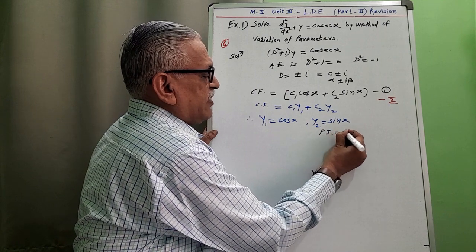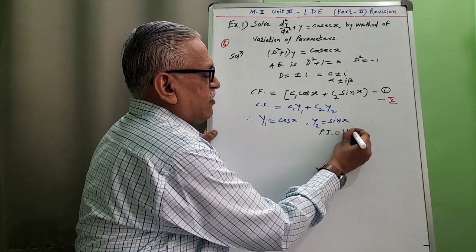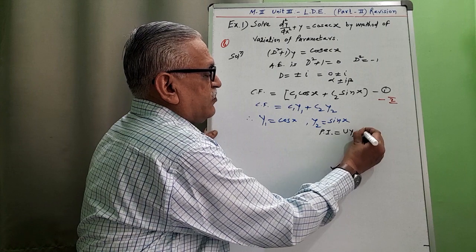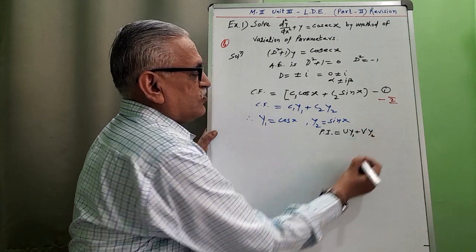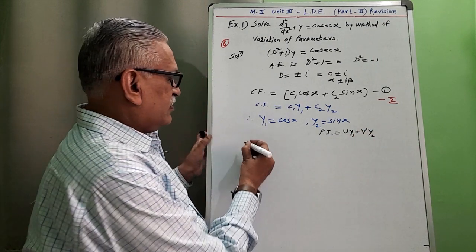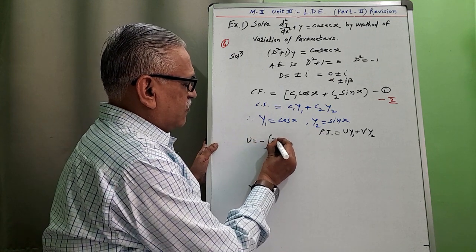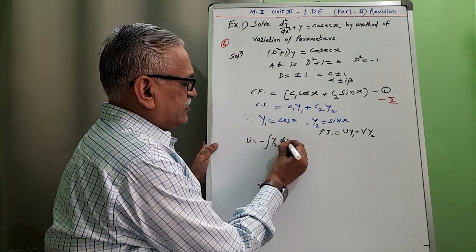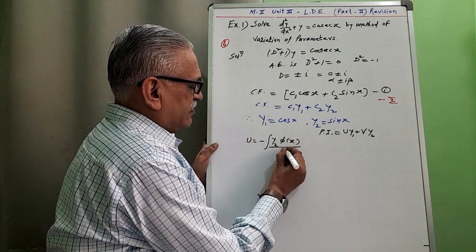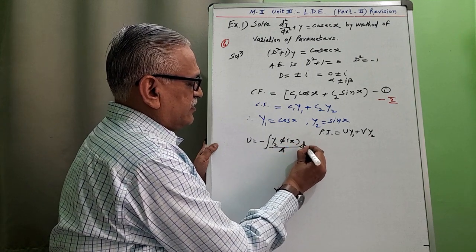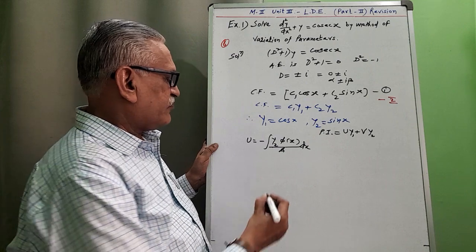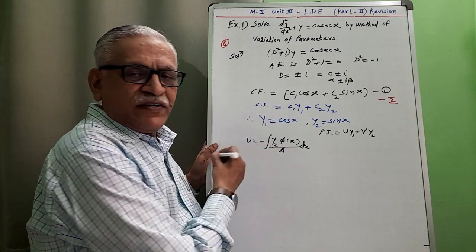Particular integral is given by capital U into y1 plus capital V into y2, where the value of U is obtained by integration of y2 into phi of x divided by A, and then its integration with respect to x, with minus sign.